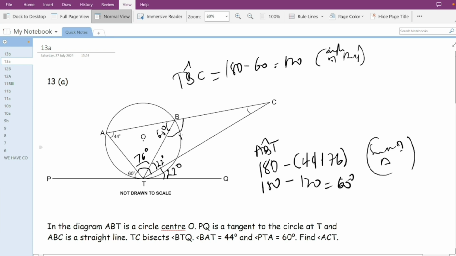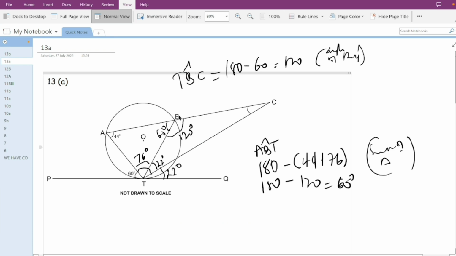Now once we found that this is 120, we take this triangle B to T to C. It depends on how you see the question. This page is to show you that there are several patterns to solving some questions. So we have this as 22, this is 120, we're looking for C. This is a triangle here, if you can see it. BTC, back to B. So we have it as sum of angles in the triangle.